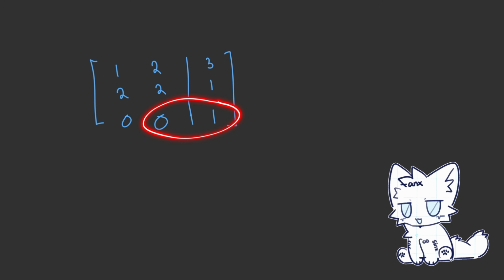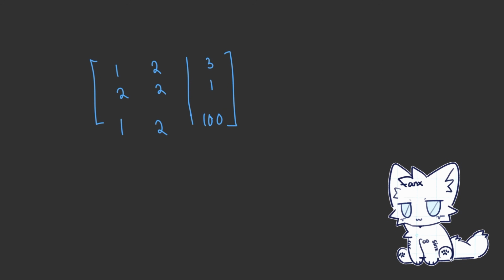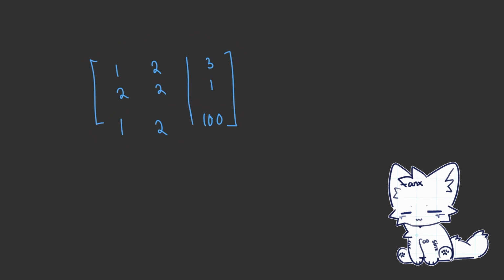There's a contradiction, and that means there is no solution. Or let's say you had 1, 2 equal to 100. This is a contradiction. They don't equal each other. Doesn't make sense, right? There's no solution.